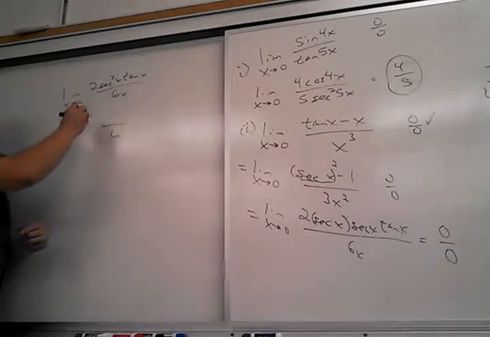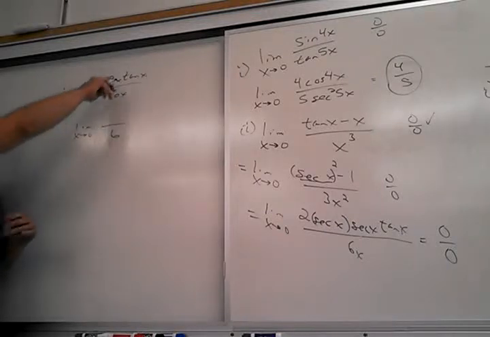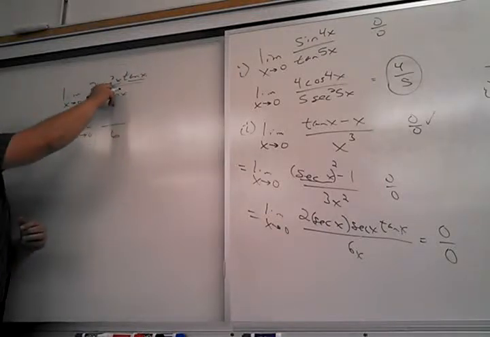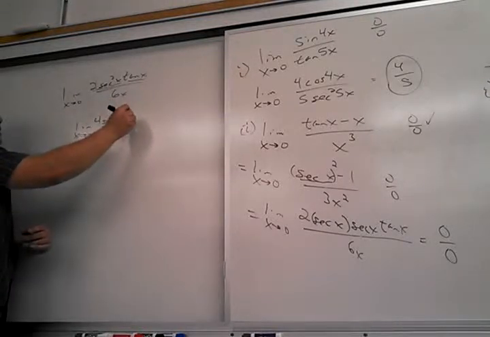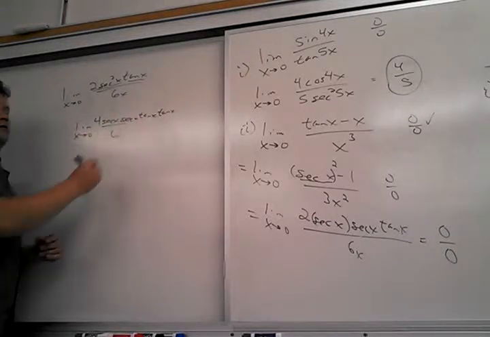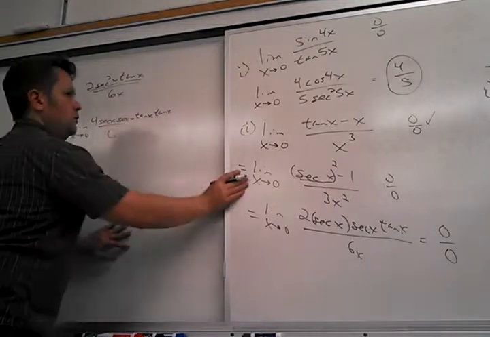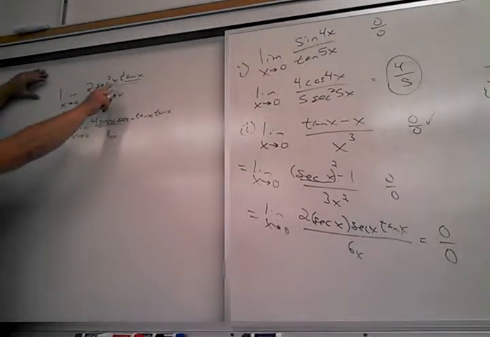And the top, yeah, now I've got a product rule and there's a chain rule here. So it's going to be 4 secant. Derivative of secant is secant tangent times tangent. So this part is from bringing the 2 down.